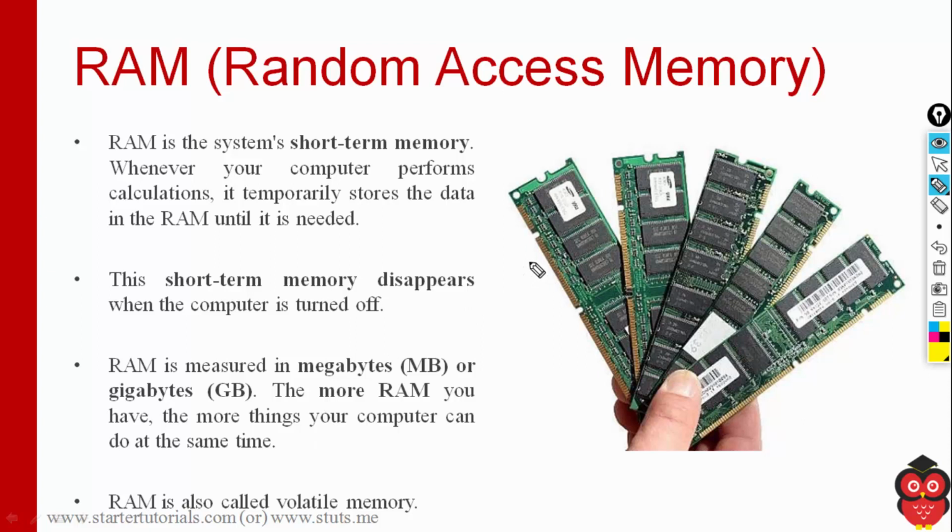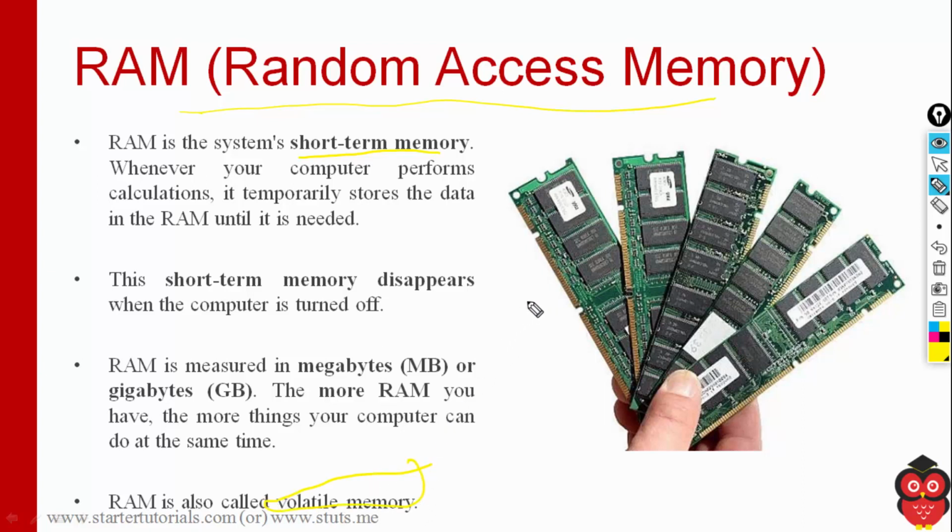So in the architecture of a computer, I was talking about the memory component. The primary memory which is used in a computer is the RAM, random access memory. In the image we have 5 RAMs, and RAM is also called short-term memory or volatile memory.